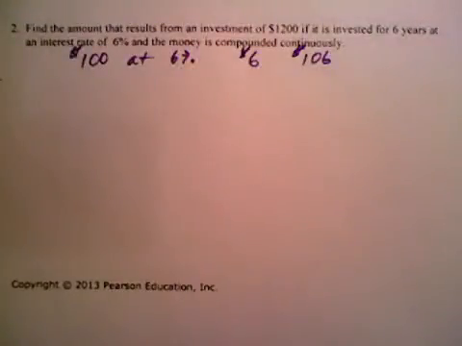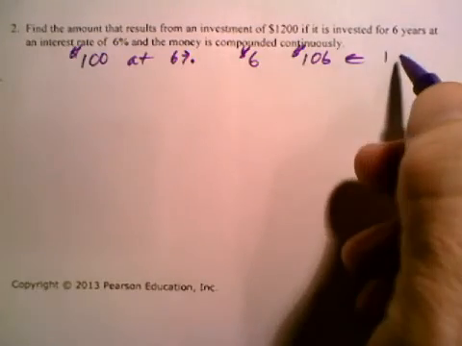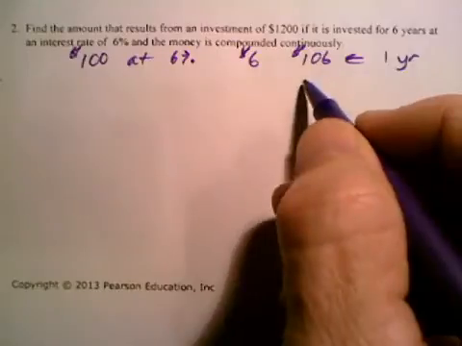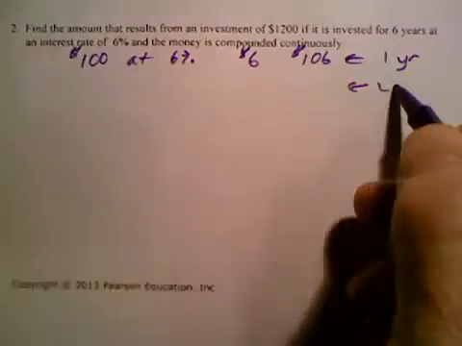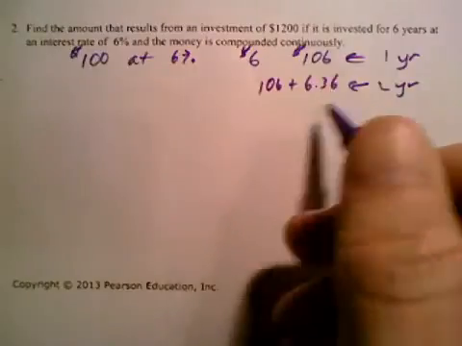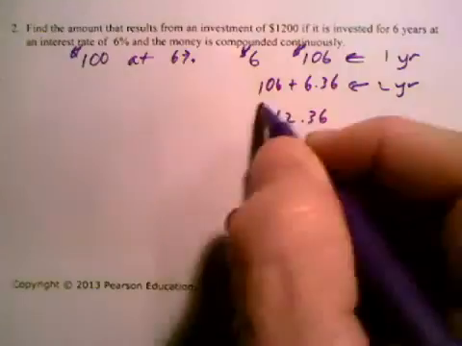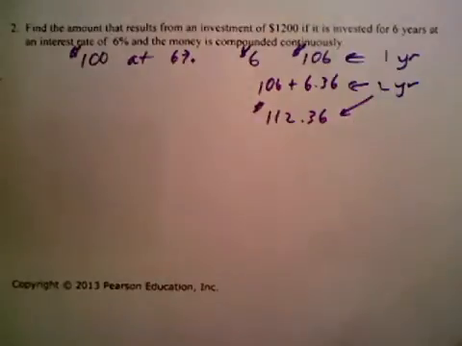So 0.06 times 106, $6.36. Okay, so you get $6.36. So at the end of 1 year, you get that, and then at the end of the second year, you get 106 plus $6.36. So you get $112.36 at the end of the second year.